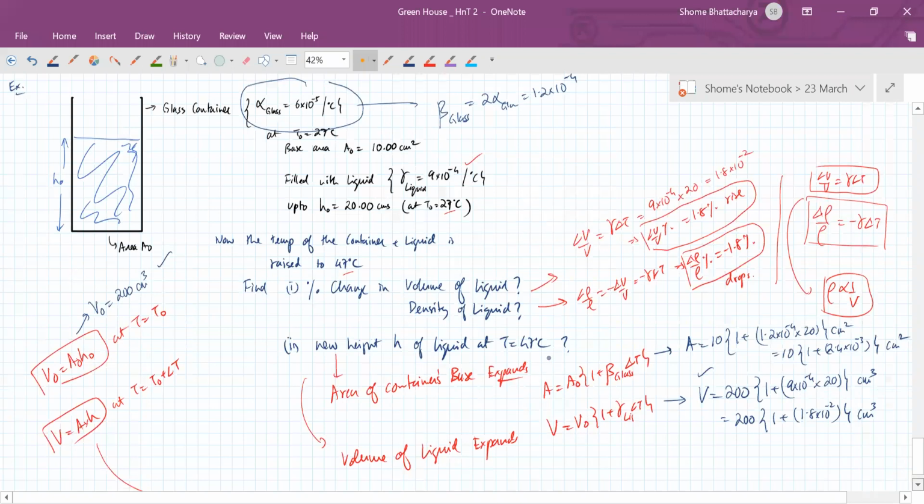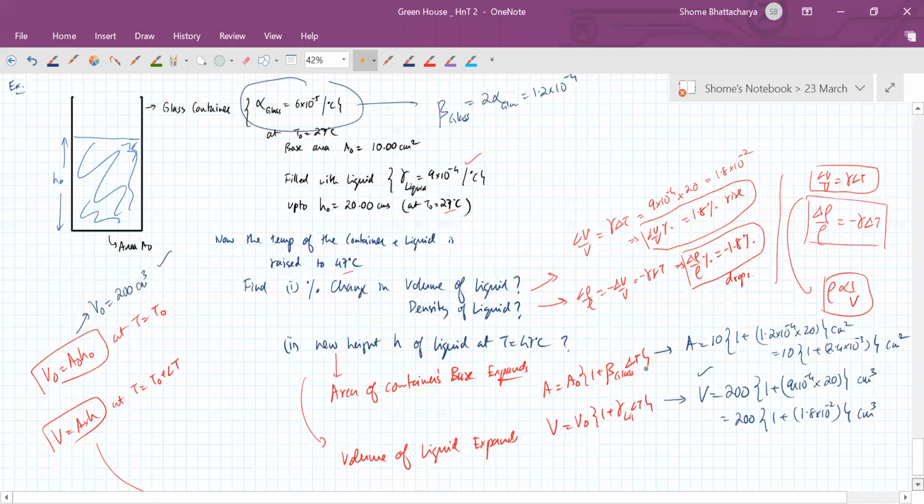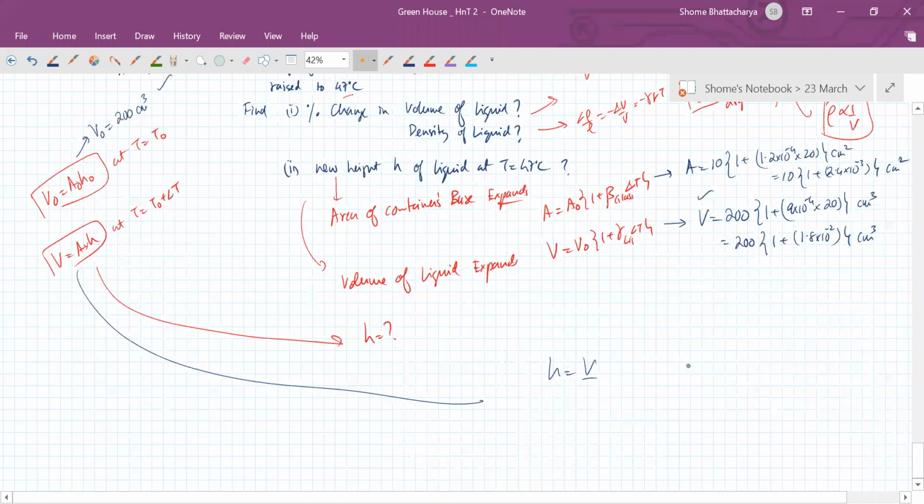Okay. So now we'll use this formula. The new height will be the new volume divided by the new area. So the new volume is 200 into 1 plus 1.8 into 10 raised to the power minus 2 centimeter cube, divided by the new base area, which is 10 into 1 plus 2.4 into 10 raised to the power minus 3, in centimeter square.